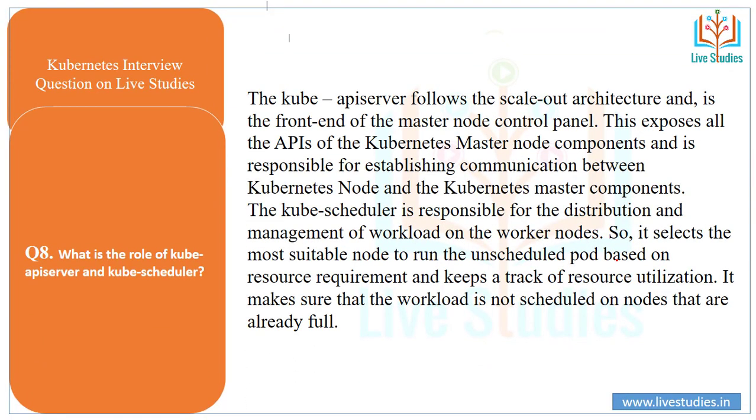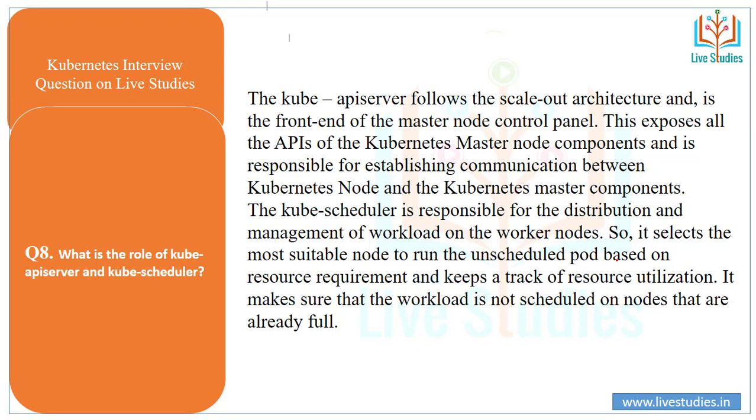Another question is, what is the role of the Kubernetes API server and kube scheduler? The kube API server follows the scale-out architecture, and it is the front end of the master node control plane. It exposes all the APIs of the Kubernetes master node components, and it is responsible for establishing communication between the Kubernetes nodes and the Kubernetes master components.